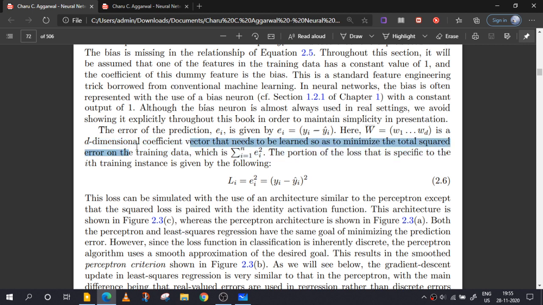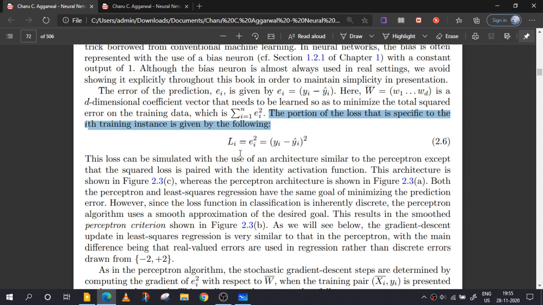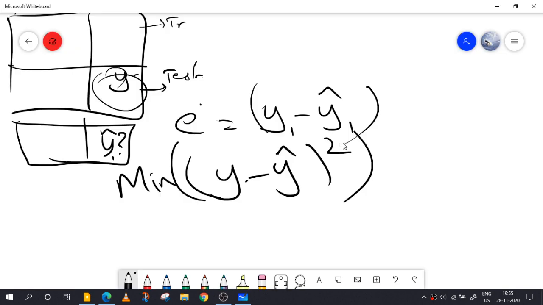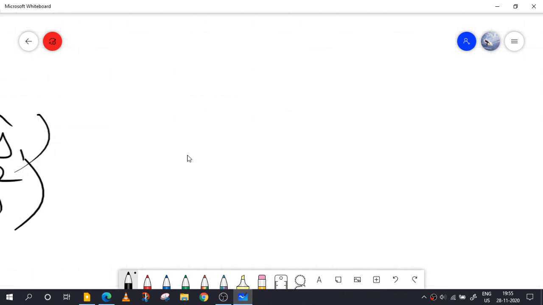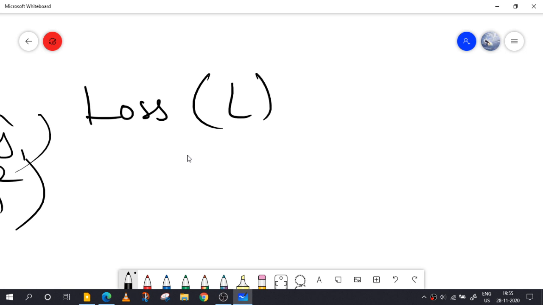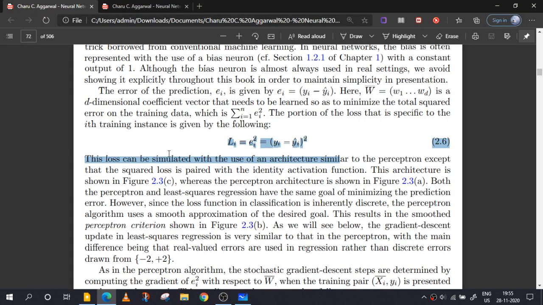It needs to be minimized over the total training data set, where the loss specific to the i-th training data point in this instance is given by the following. So the loss, written as L, is equal to e squared, which is equal to (y_i minus y hat_i) squared. Got it.